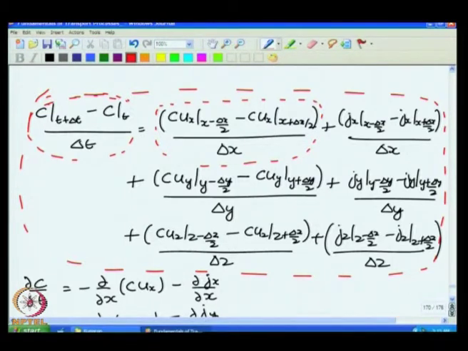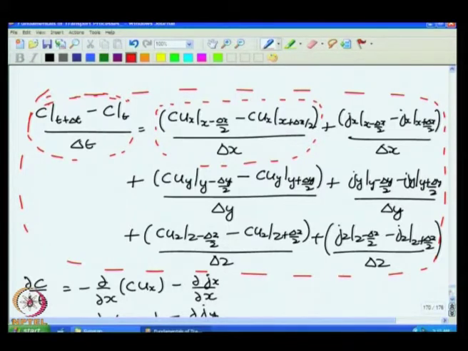At the rear face, I am finding the average concentration times the velocity. That is, I am taking it at the location y and z, because that is the center point of the rear face, times x minus delta x by 2. So, in this difference term, the y and z coordinates are kept constant, only x is varying, and so on with the other terms.